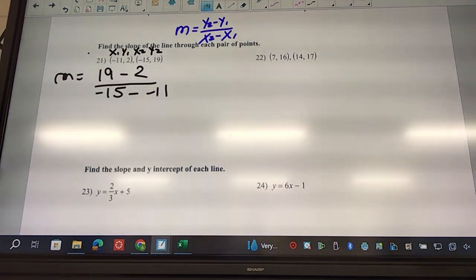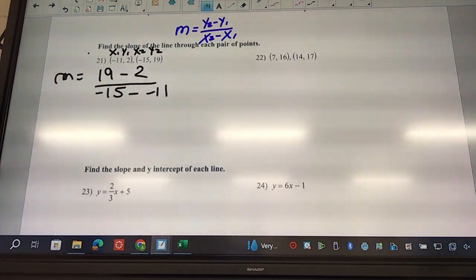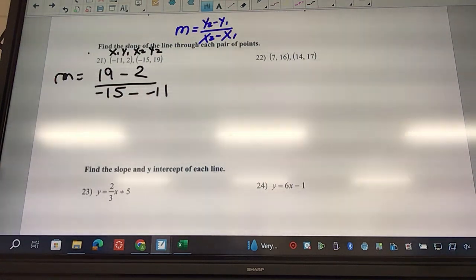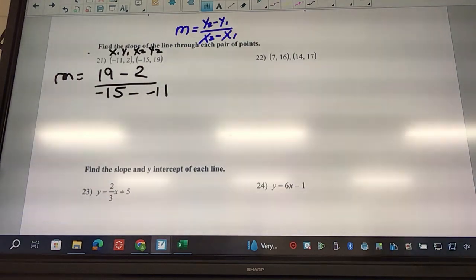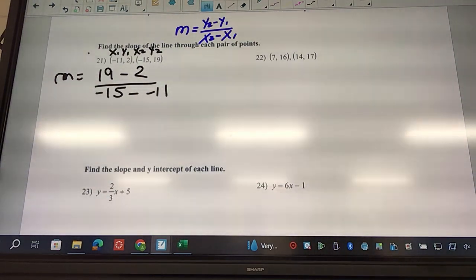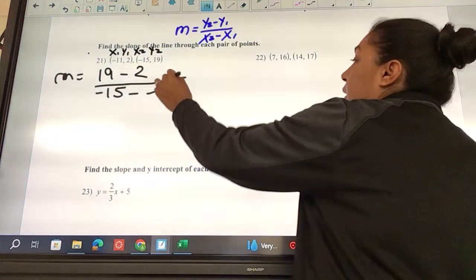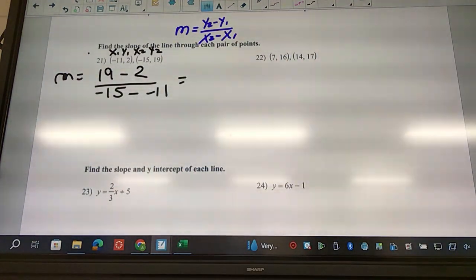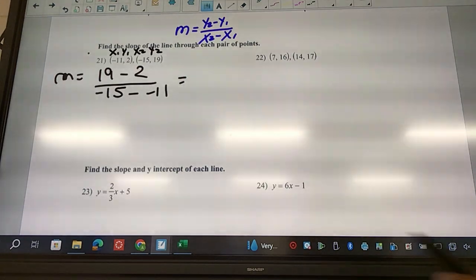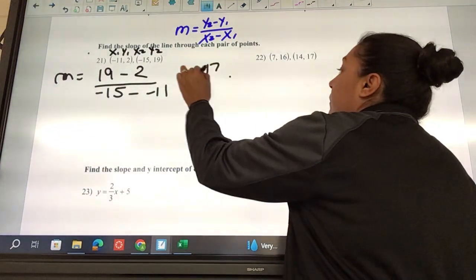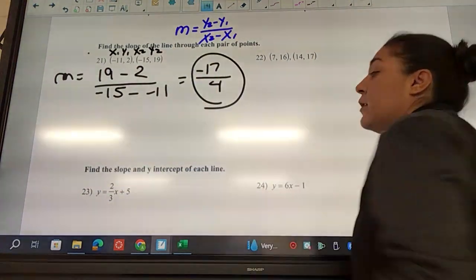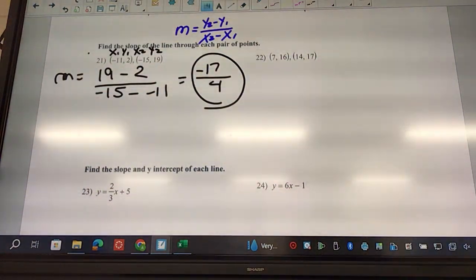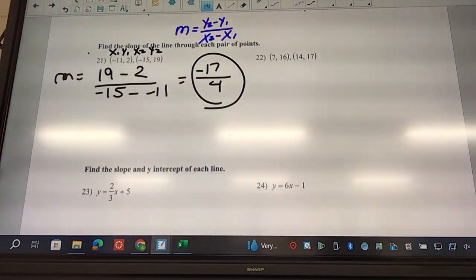Negative 17 over 4. Does somebody else agree with that? Yes, no? Not done typing? Okay, and so that was our slope. That's what we found.